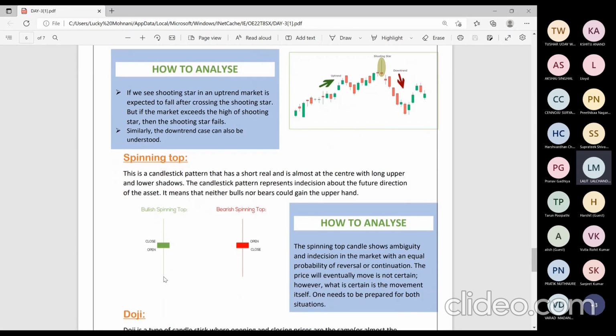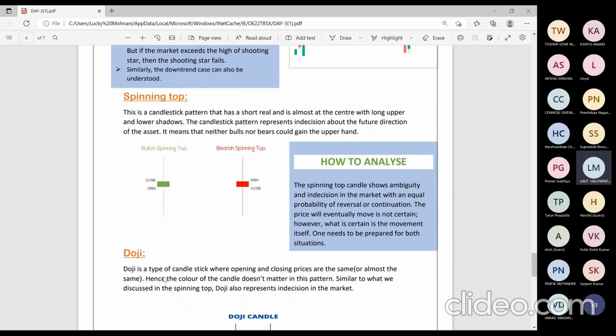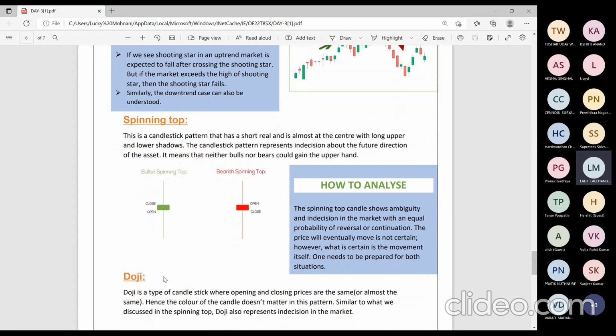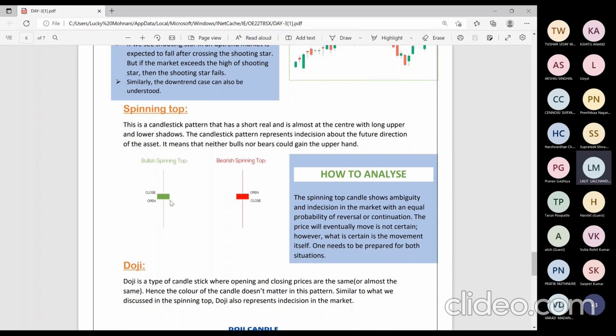Spinning top and doji are two similar candlestick patterns which indicate indecision in the market. A spinning top is defined as when the opening and closing prices are close, so the body is very small compared to the shadow, and it indicates indecision in the market.